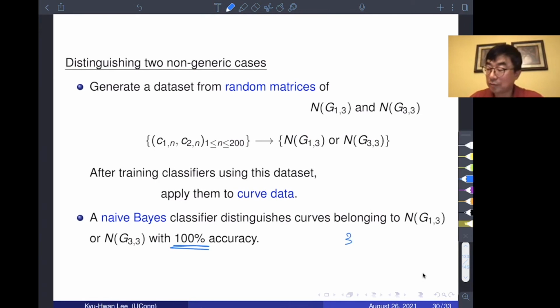So there are only 300 curves, and the classifier could distinguish 303 plus 140 something. And then the naive Bayes classifier could distinguish these 303 curves belonging to this group with 100% accuracy. So it was surprising.